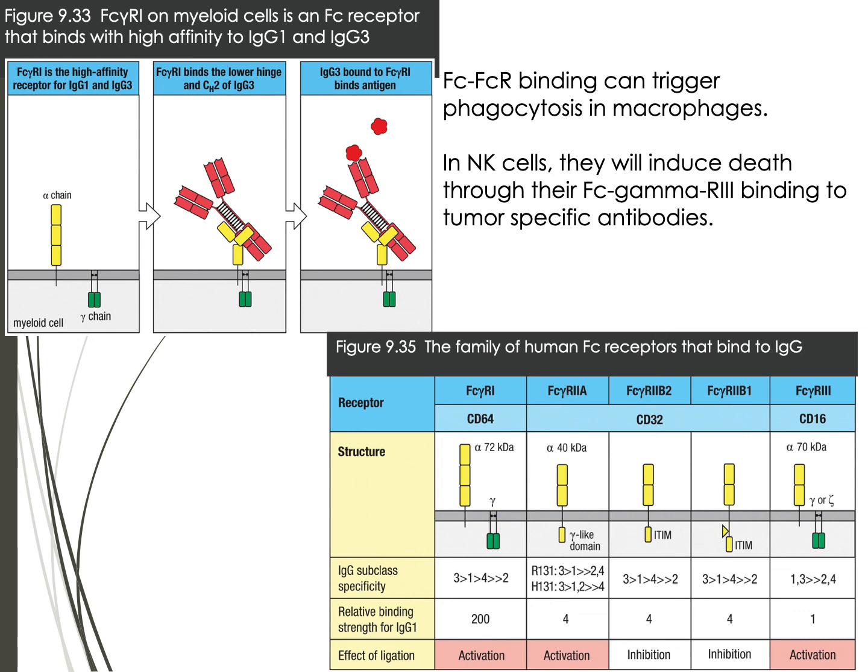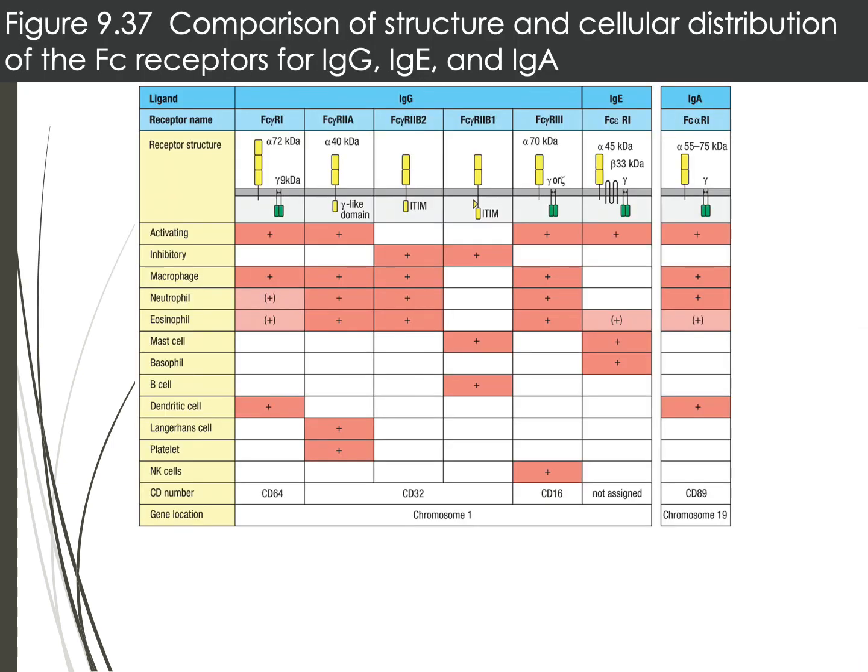You can see here down at the bottom a number of different Fc receptors. A lot of them go by CD numbers too, so you might see one or the other. You'll notice that they look a little bit different. They can have ITAM domains to initiate cell signaling pathways that can lead to activation or inhibition. And this is a little more complete on these Fc receptors and what class of antibody binds to them.